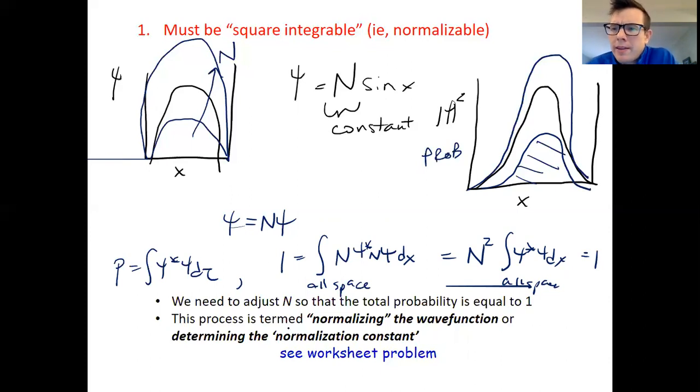This is a math problem, and it will allow me to calculate n, figure out what n is.